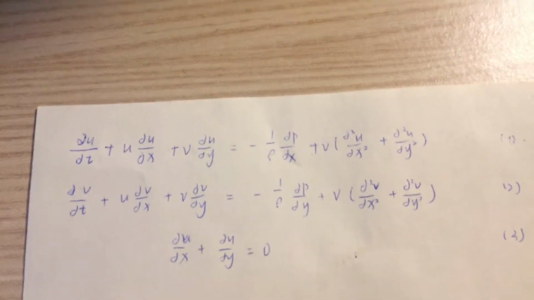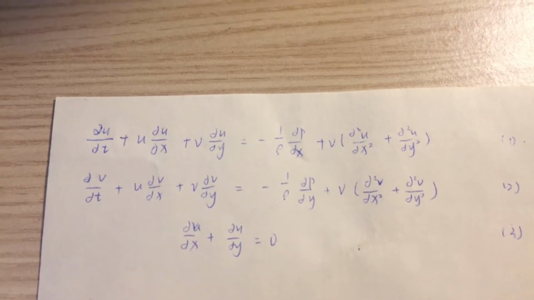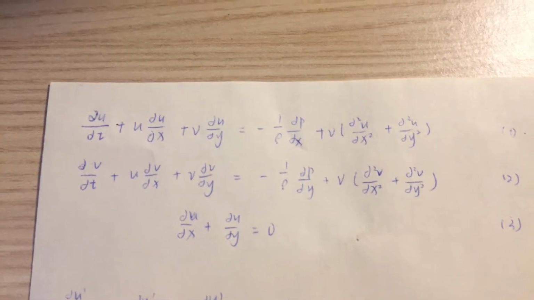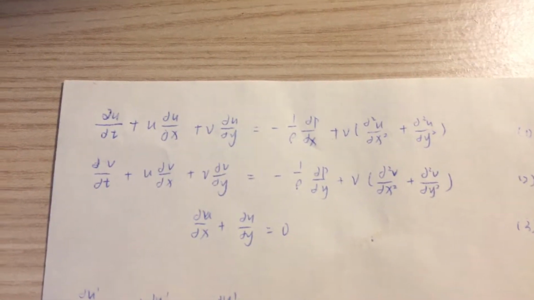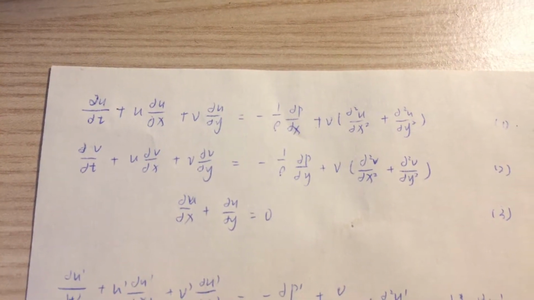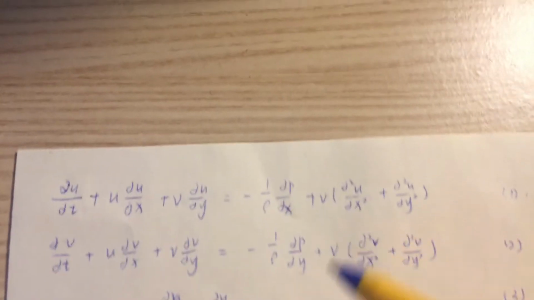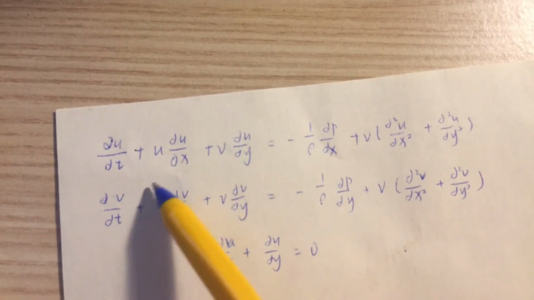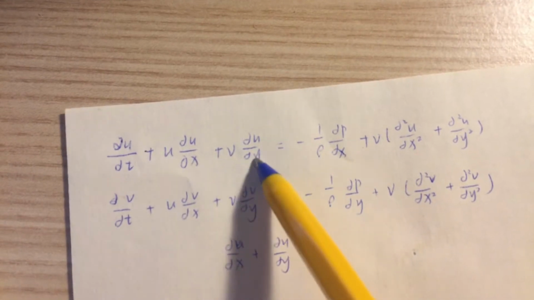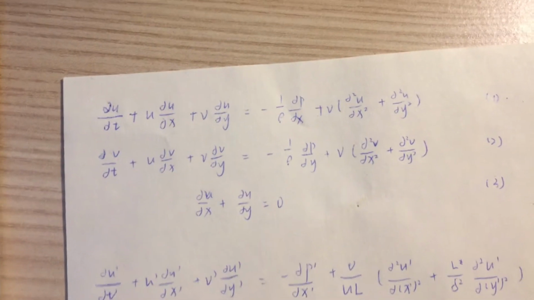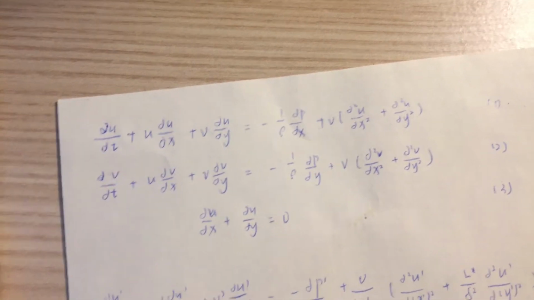Here x and y are the horizontal and vertical coordinates respectively, u and v are the horizontal and vertical fluid velocities, and p is the fluid pressure. A force is located in the plane y equals 0.